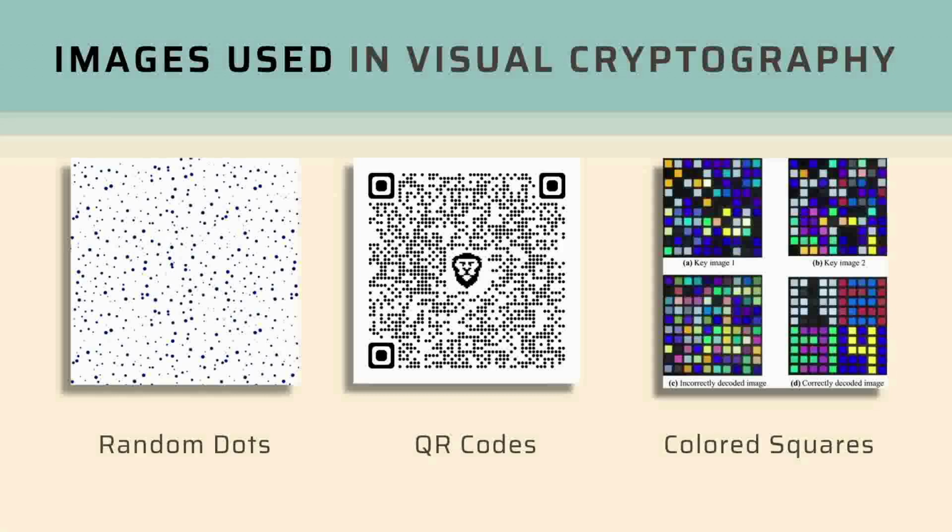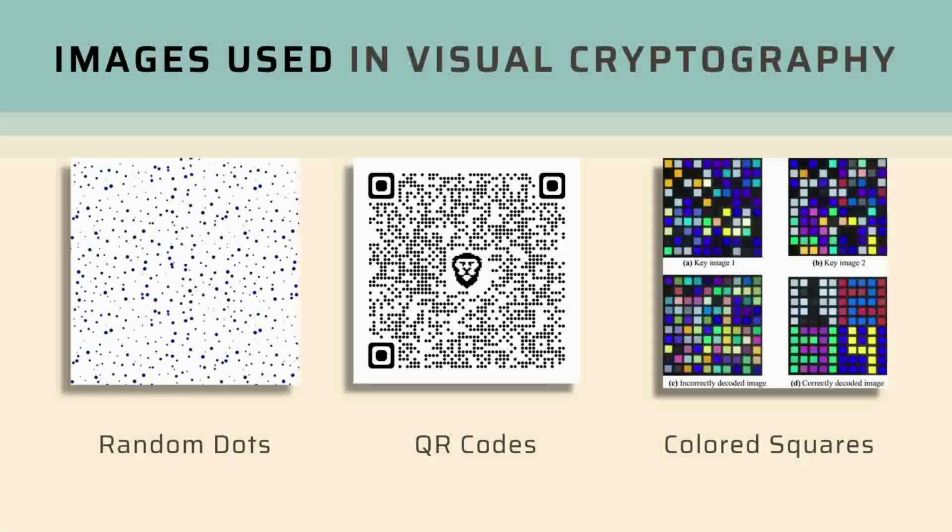These are 2D barcodes that encode information such as URLs, text, or other data. They can be read using a smartphone, QR code reader, etc. QR codes can be used as a form of visual cryptography by splitting the information into two or more QR codes and distributing them separately. The original information can only be decoded when the QR codes are combined correctly.